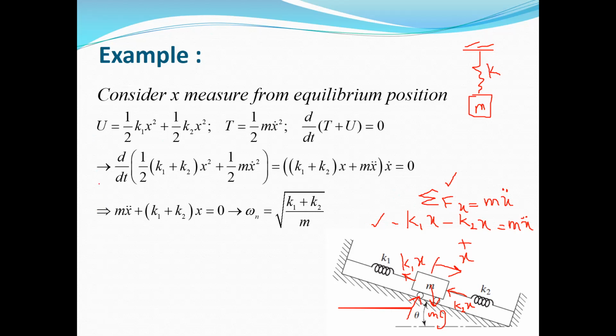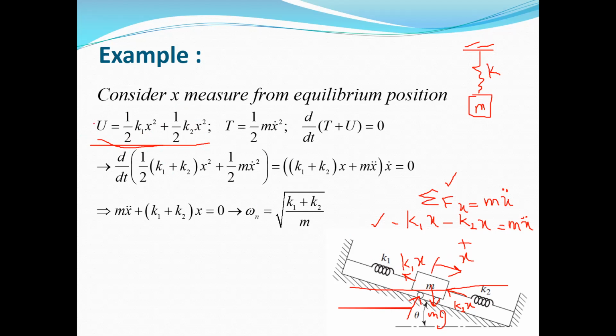The second method that I used here is the energy method. I use the potential energy here. We have two springs. As I told you, we neglect the weight, so in the potential energy we neglect the gravitational potential energy. I mean, there is no mgh for this mass m. For example, if we assume this is the datum level, during the vibration the level of mass m is changing.